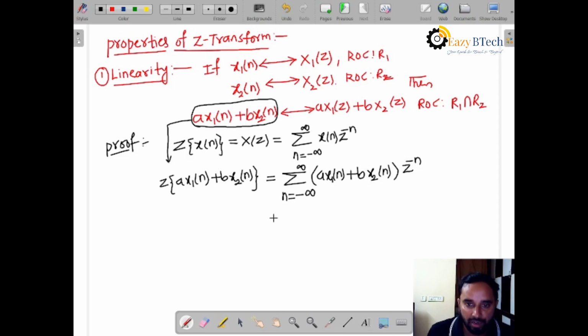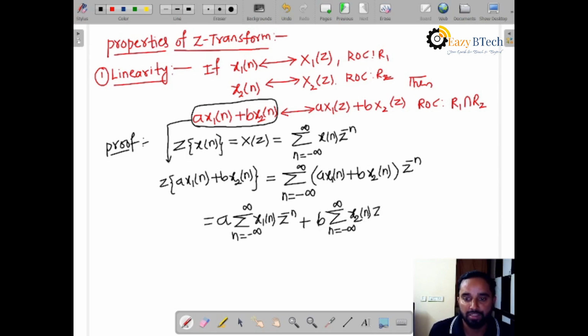Now we can write separately. A is a constant, write outside: summation n is minus infinity to plus infinity x1 of n z power minus n. B also constant, we can write outside: summation n is minus infinity to plus infinity x2 of n z power minus n.